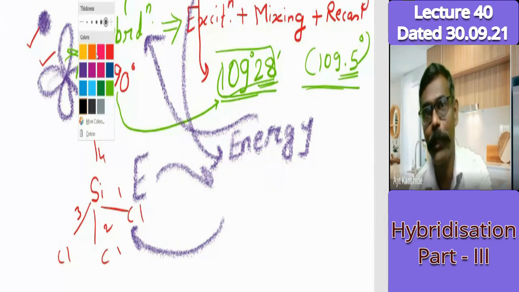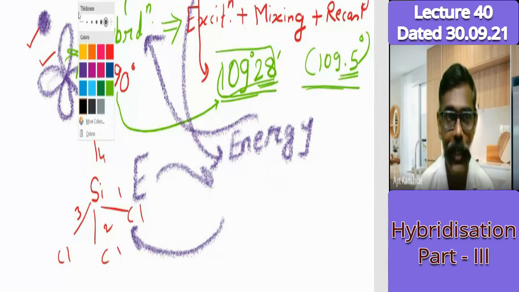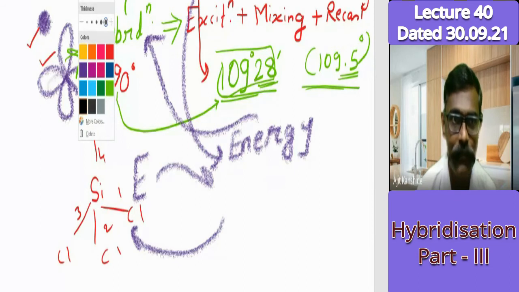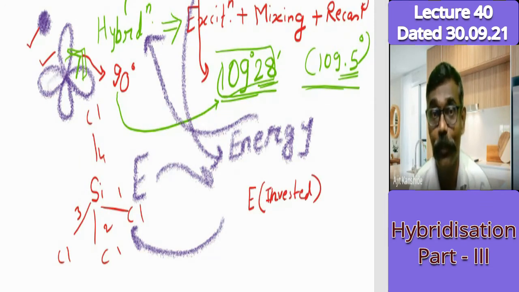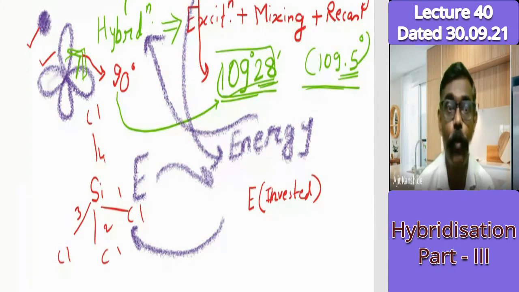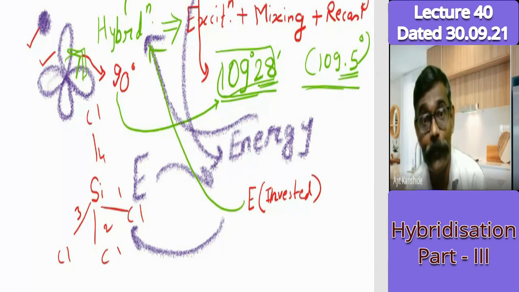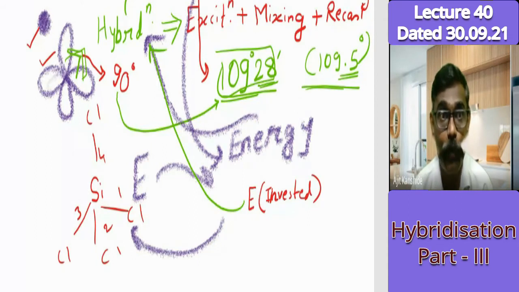Because to break a bond, you have to give energy, so during formation of a bond, certainly energy comes out. See the business mind that atoms have. Energy is invested, meaning used, absorbed, for hybridization. After hybridization, the bond formation takes place.